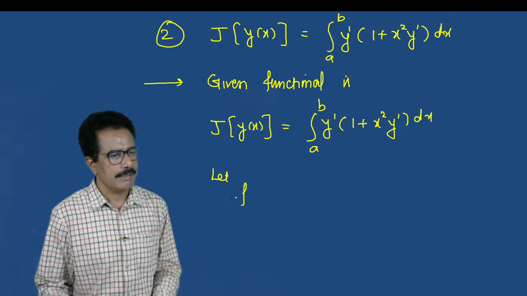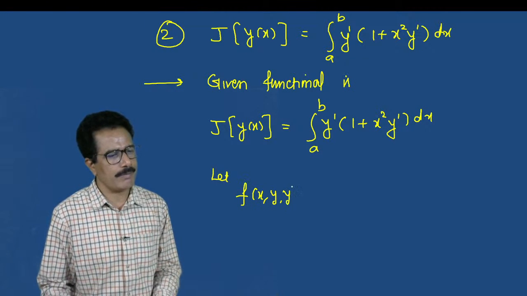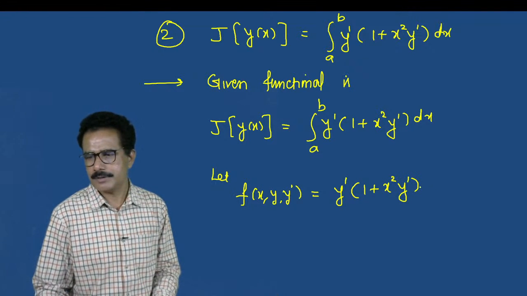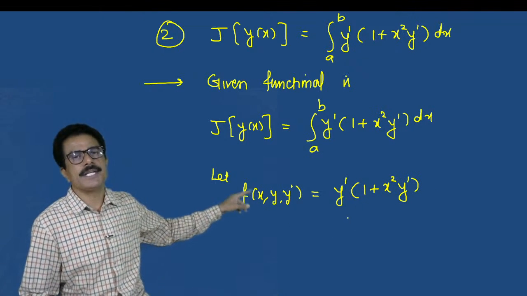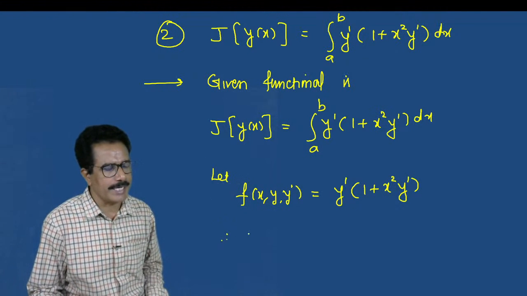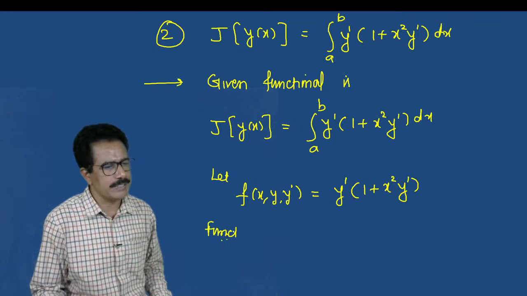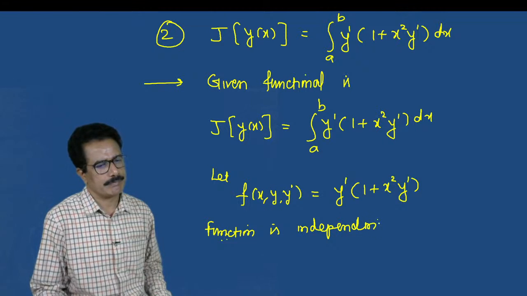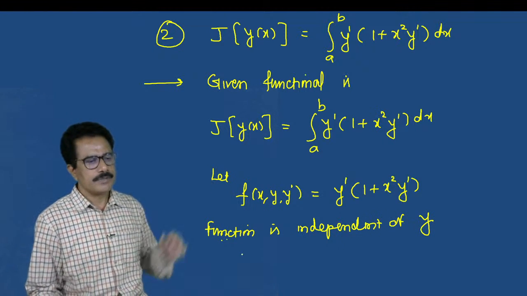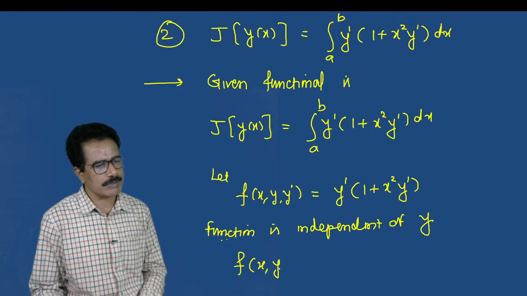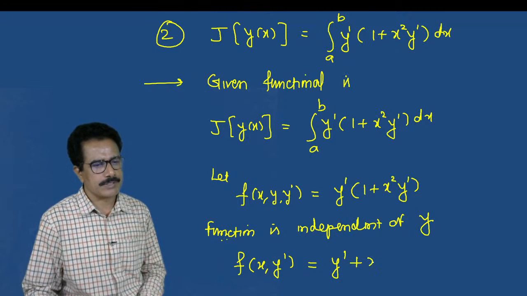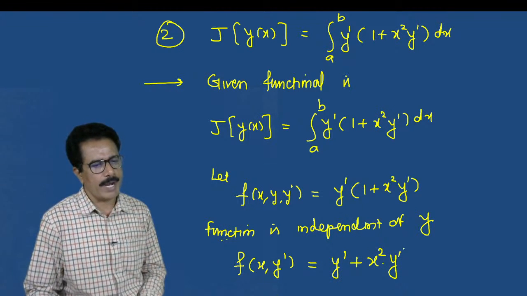Let f of x comma y dash is equals to y dash (1 plus x square into y dash). Actually this function is independent of y, so we can write f of x comma y dash which is equals to y dash plus x square into y dash square.